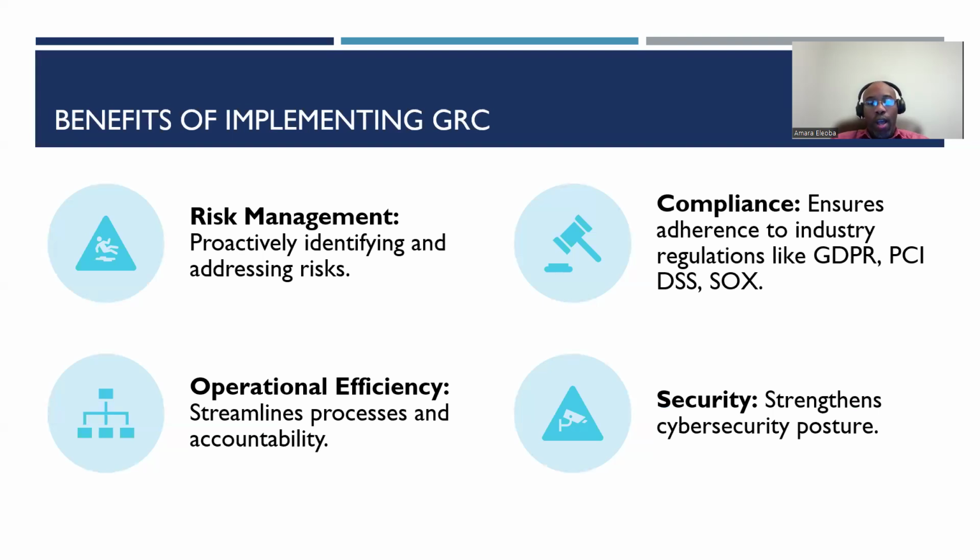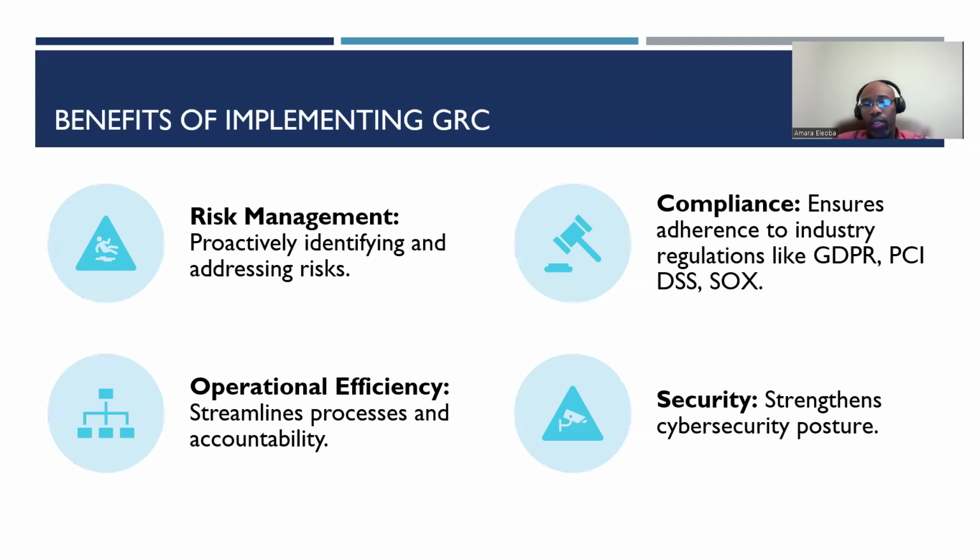Now, the benefit of implementing GRC, which is governance, risk, and compliance, is that it helps strengthen the organization's cybersecurity posture. For example, going back to PCI, there are requirements from requirement 1 to requirement 12. Requirement 7 addresses access control.